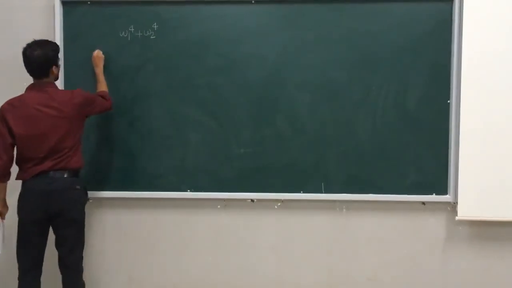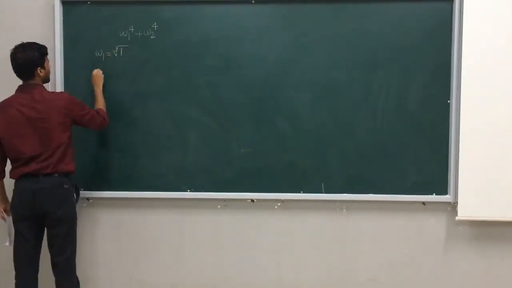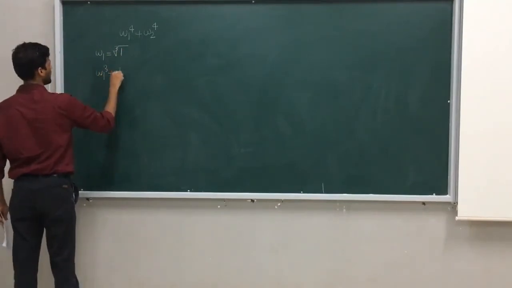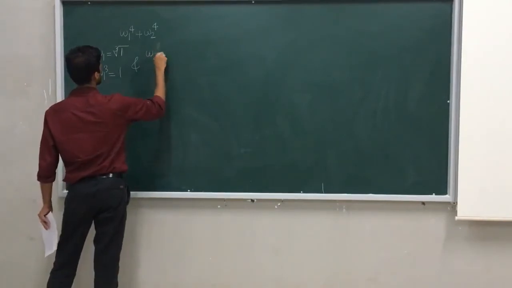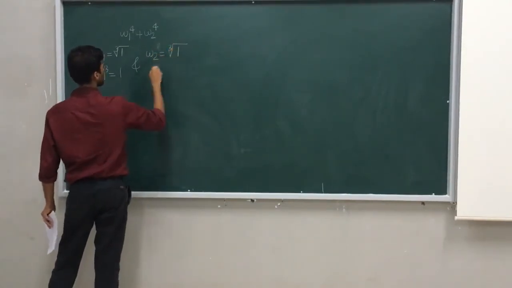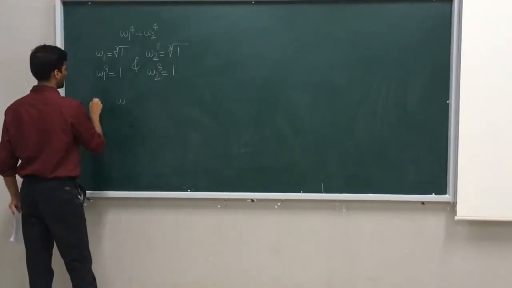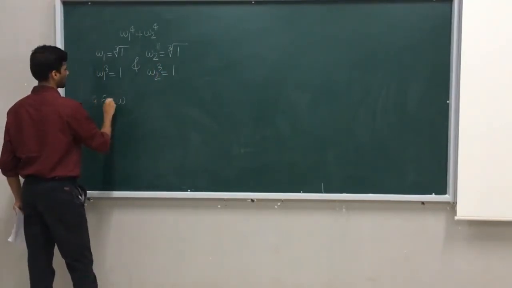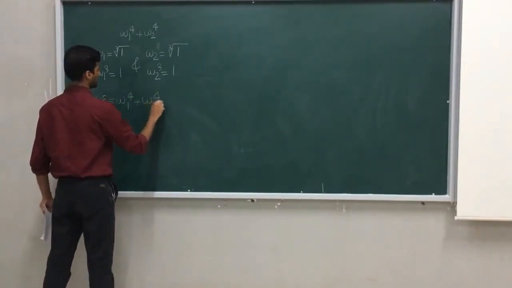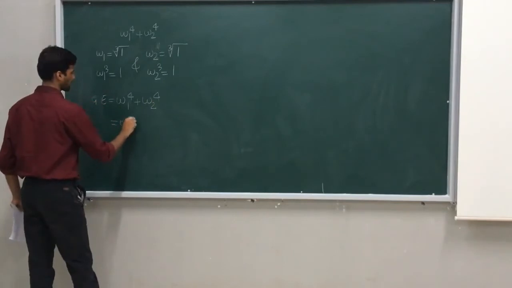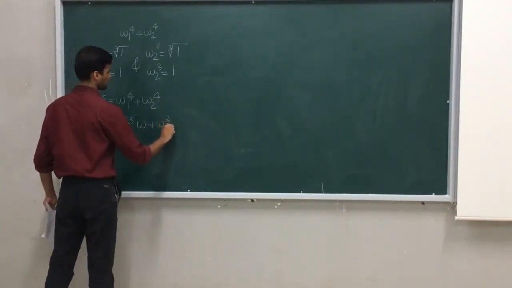So they want to say that omega 1 is a cube root of 1, which implies omega 1 cube is 1, and omega 2 is also a cube root of unity, therefore omega 2 cube is also 1. The given expression, omega 1 raised to 4 plus omega 2 raised to 4, can be written as omega 1 cube into omega 1 plus omega 2 cube into omega 2.